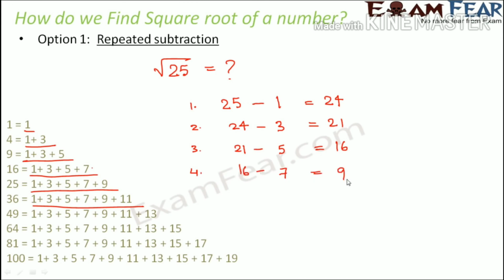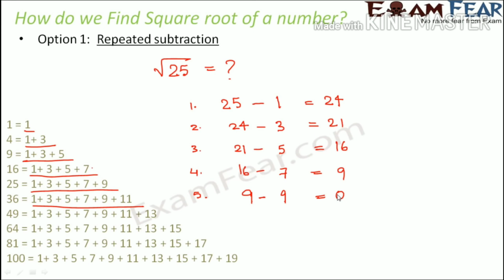So we get 9. Now you might be thinking, how long are we going to do this? We will continue this process until we get a 0. So in step number 5, we subtract the next odd number, which is 9, from 9. So the result is 0. Whichever number you want to find the square root of, if it is a perfect square, only then will you get a whole number for the square root.